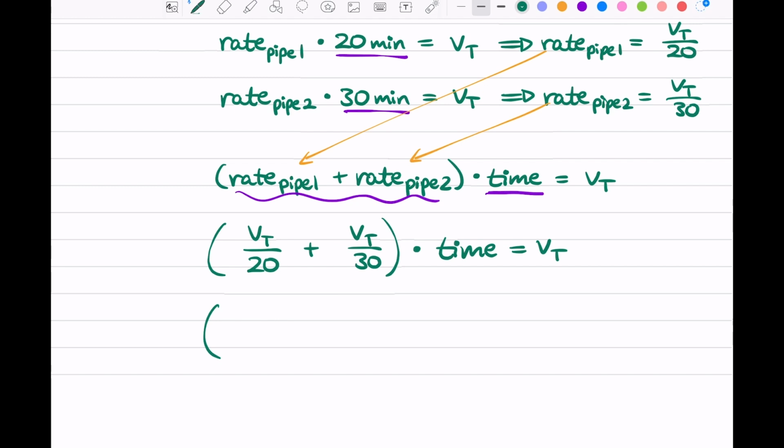V sub t over 20 is the same as V sub t times 1 over 20. So V sub t is the same as V sub t over 1, and if you multiply these two fractions, you'd get back to the piece above. So similarly, V sub t over 30 is equal to V sub t times 1 over 30.